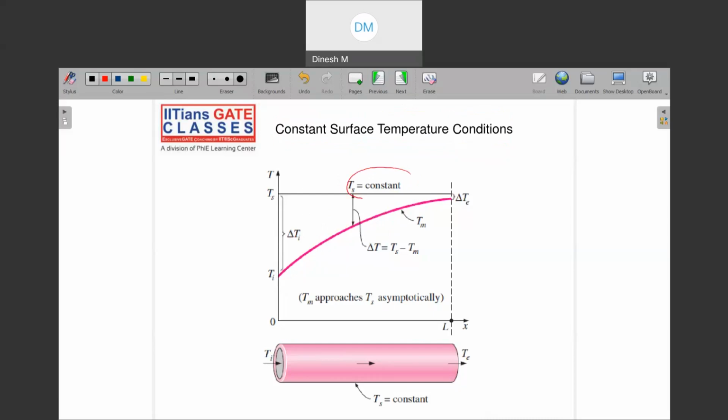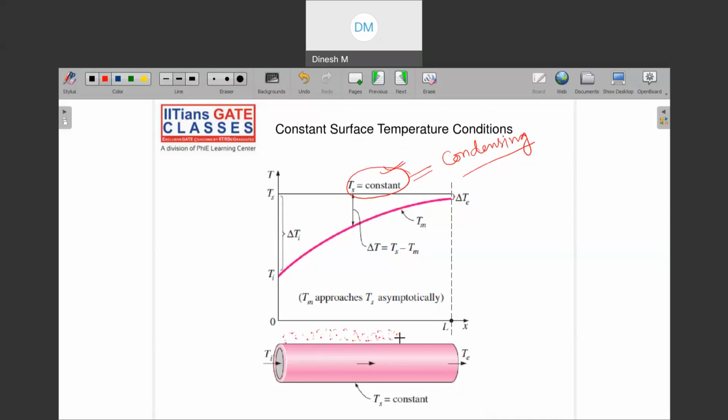So your surface temperature is constant, and this happens in the case of what? Let us say some fluid is condensing. Okay, then condensation is happening at a constant temperature, and it has a good amount of heat in it, which it can give to the other fluid. So what happens is that you are condensing some fluid in this region, then this condensing fluid has a constant surface temperature.